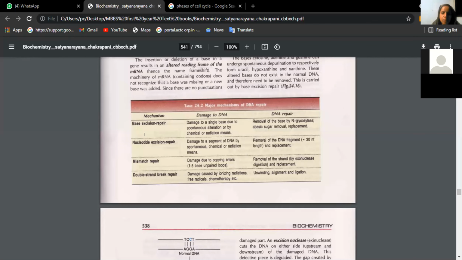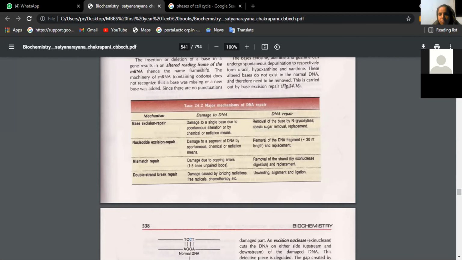That means if it is removed, so if such type of damage is there, damage to a single base due to spontaneous alteration or by chemical or radiation, if it is damaged due to any of these means, in our cells we have certain mechanisms which help the DNA to get repaired.